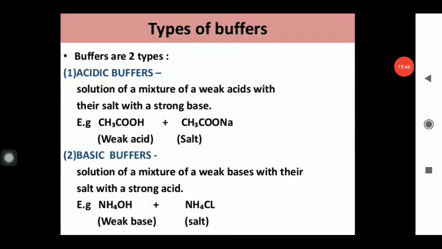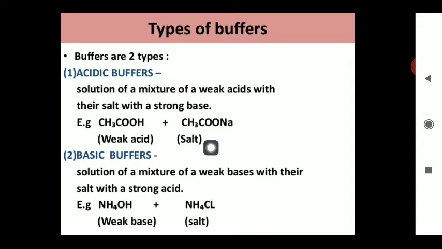Now, there are two types of buffer solution. One is the acidic buffer solution, which can be made by mixing a weak acid with its salt. Example: CH3COOH as well as CH3COONa. This is the salt of a strong base and a weak acid. From where is this Na coming?